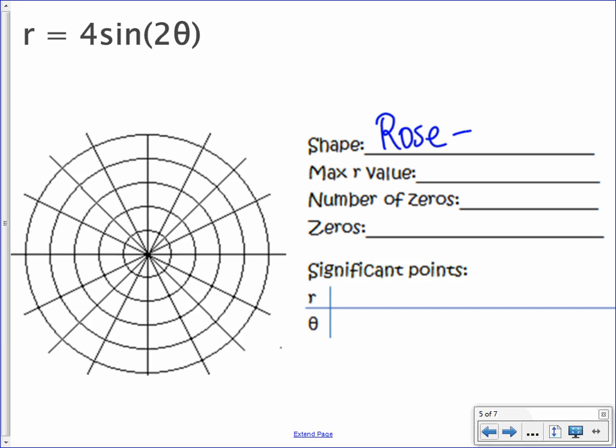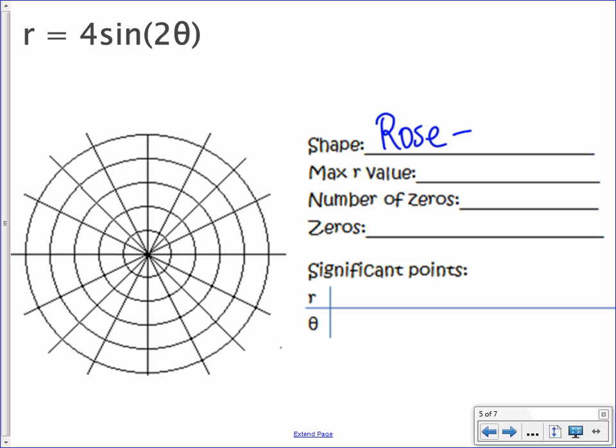Which one of them gives us the number of petals? The one in front of the sine. Isaiah has a question: is it the one in front of the sine? Joe says it's the one in front of the theta. That's probably right. So let's go with that.